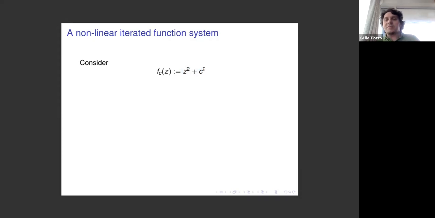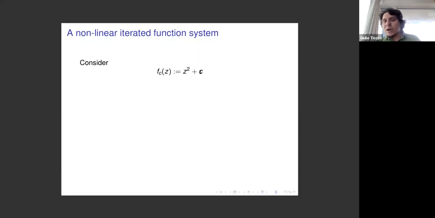And then we change the number and we consider another dynamical system. So for instance, if c equals 0, you get the map z goes to z squared. If c equals 1, we get the map z goes to z squared plus 1. If c equals i, you're going to get z goes to z squared plus i. So the variable is z and c is a parameter.